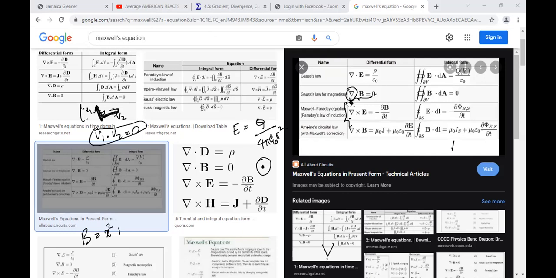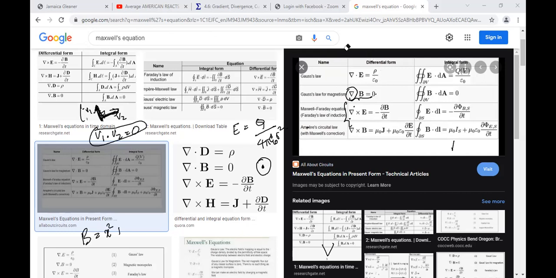But I want to go back to the dot product equals 0, to explain the dot product of the electric field and the magnetic field equals 0, and why the dot product of the electric field is typically equal to a constant.